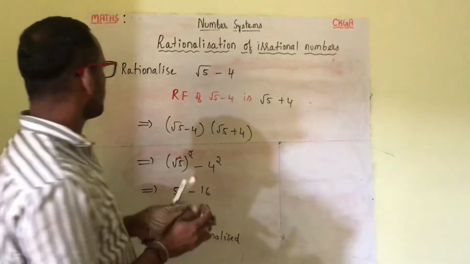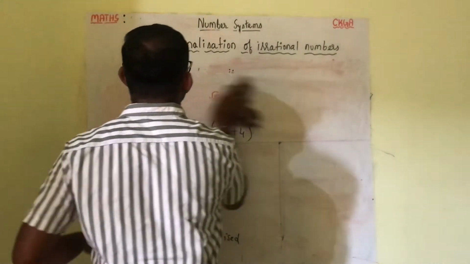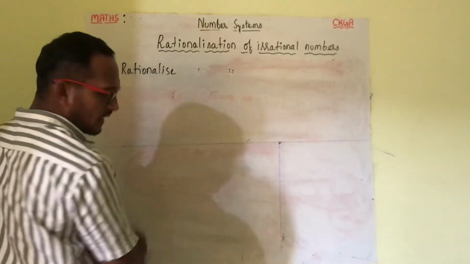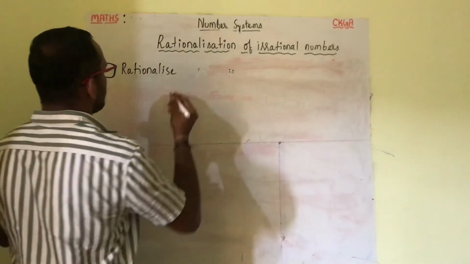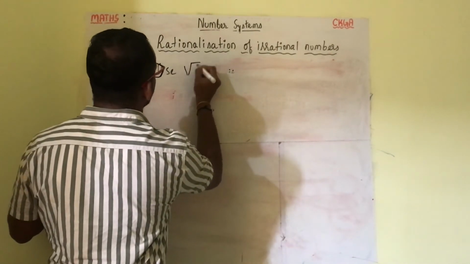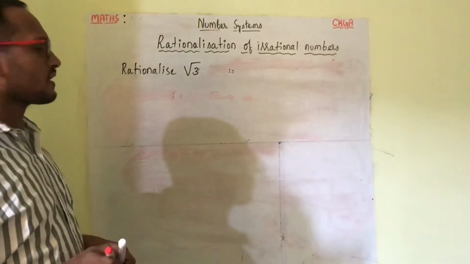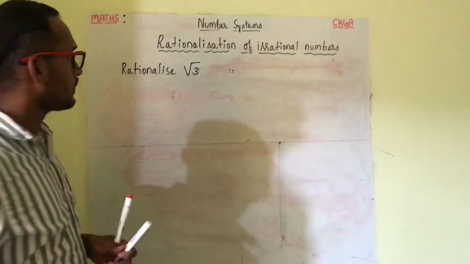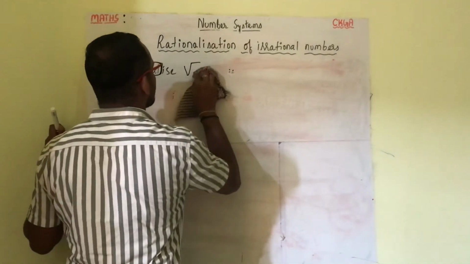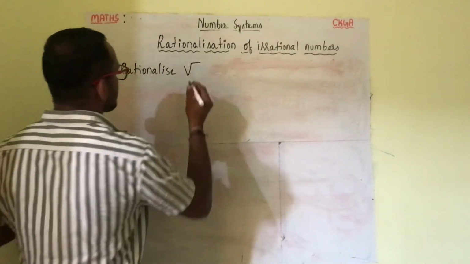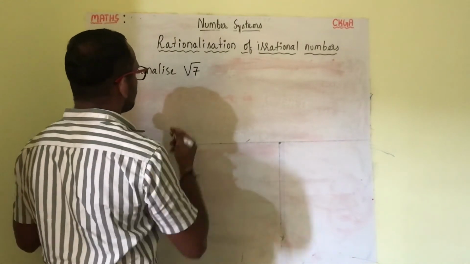I'll take one monomial here. Rationalize root 3. It's a simple task. We already did root 3, right? So I'll take another one, root 7. First you write the RF.